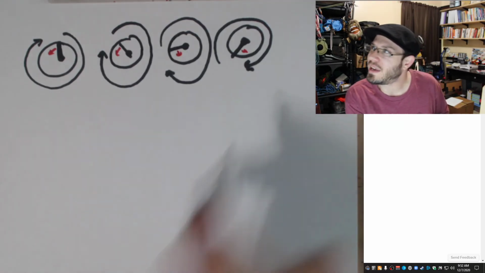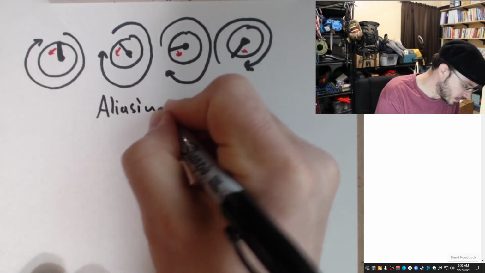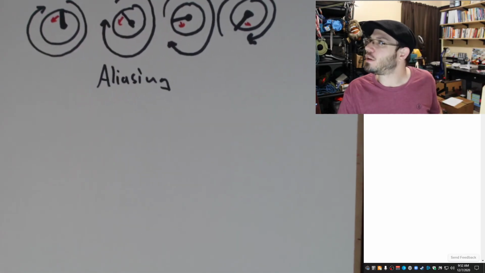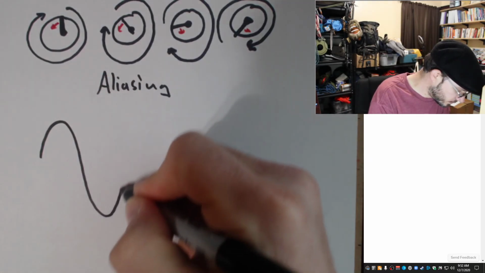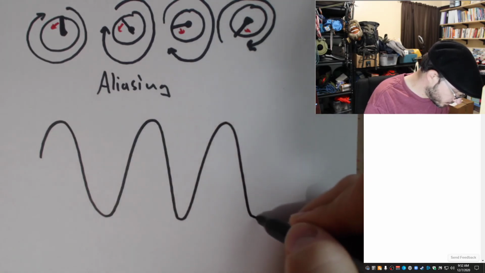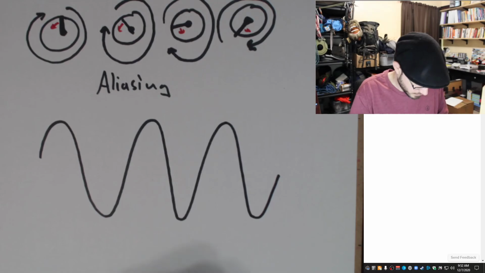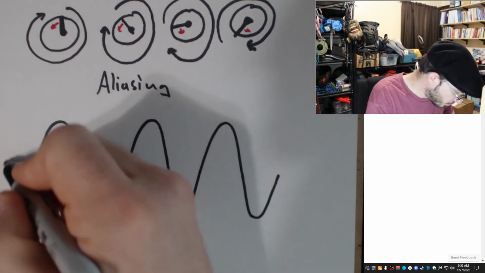When this happens, we call it aliasing. And you can kind of think about it. I'm going to need a few more samples.